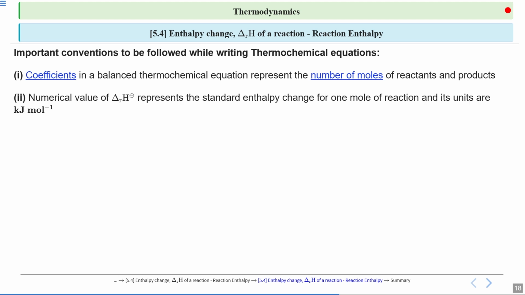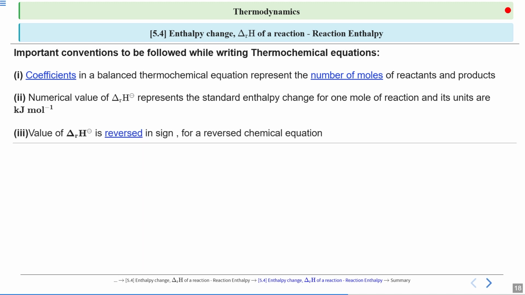Second thing, the enthalpy of reaction has a unit of kilojoule per mole. So it is defined per mole of the reaction and in terms of kilojoule. What is the third thing? That the value of enthalpy change for a given reaction has a reverse sign if you reverse the chemical equation, and we have seen an illustration of this in the calcium carbonate example.